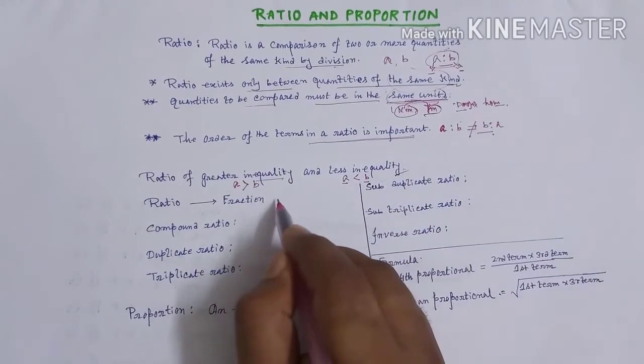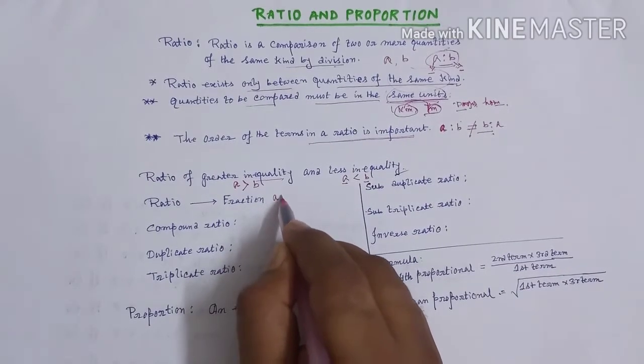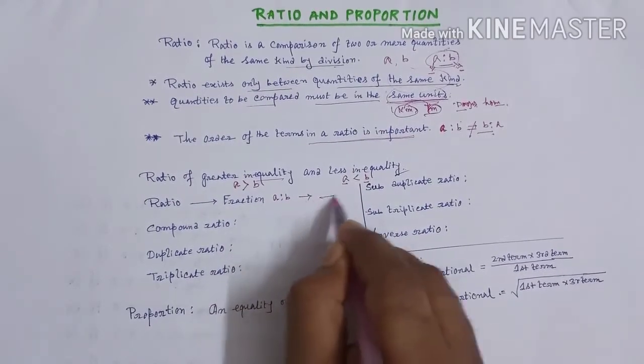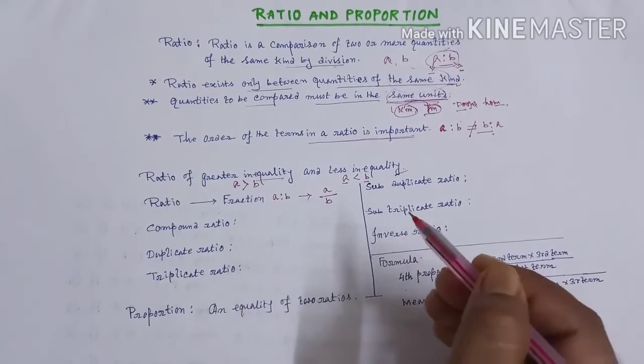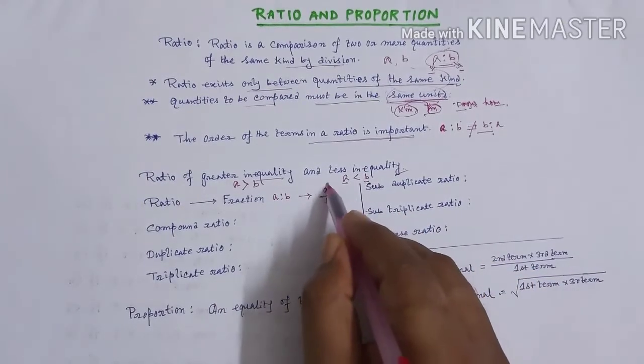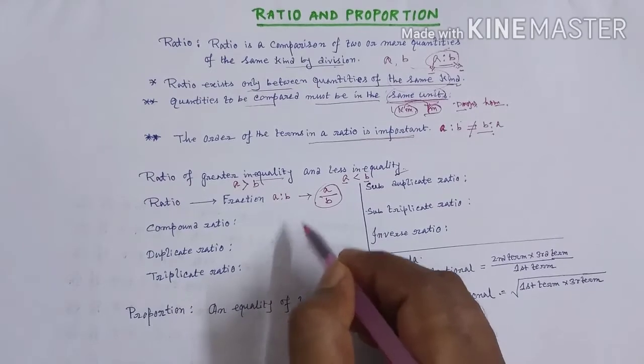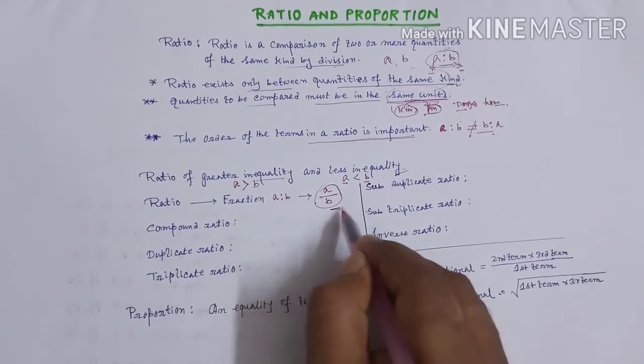And we can transform a ratio into the form of a fraction. How? A is to B, we can write as A by B, a fraction.